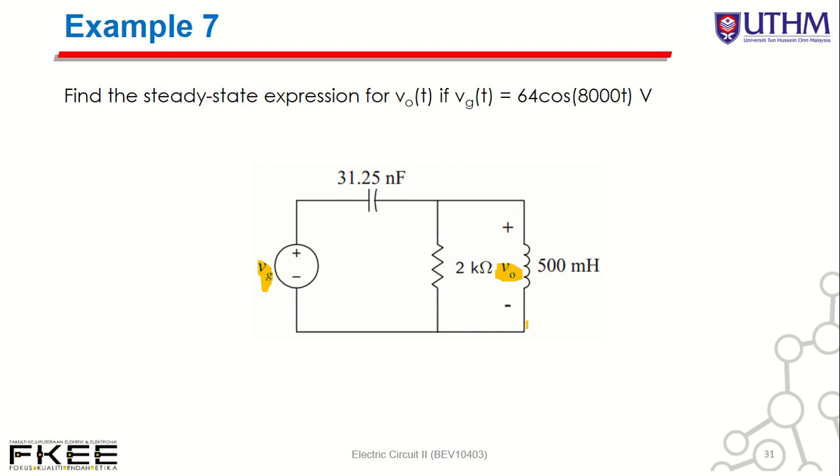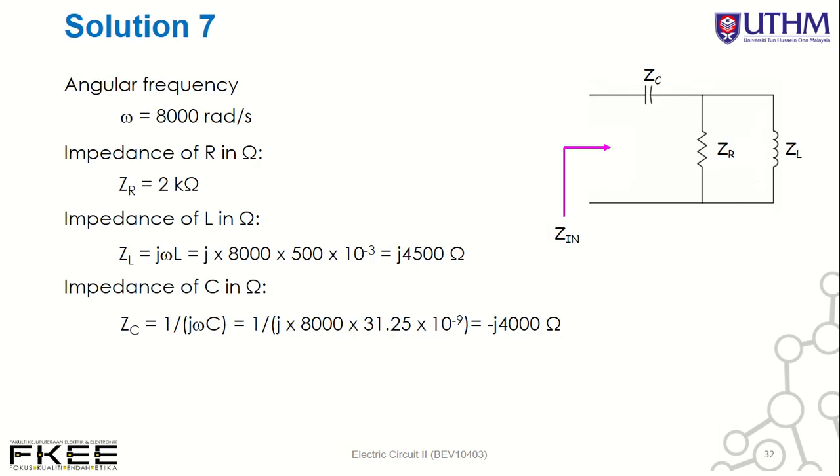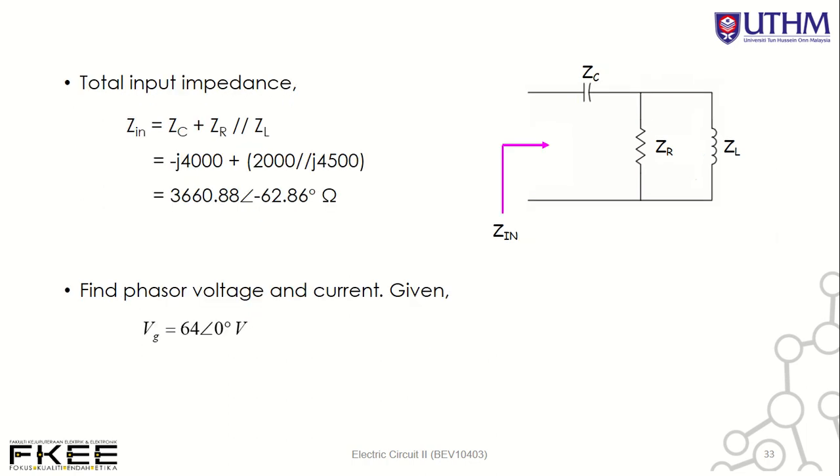Convert from the time domain circuit to the phasor domain circuit with omega equal to 8,000 radian per second. Determine ZR, ZL, and ZC. And then you can determine the total impedance seen from the input, which is ZL parallel with ZR, and then in series with ZC.